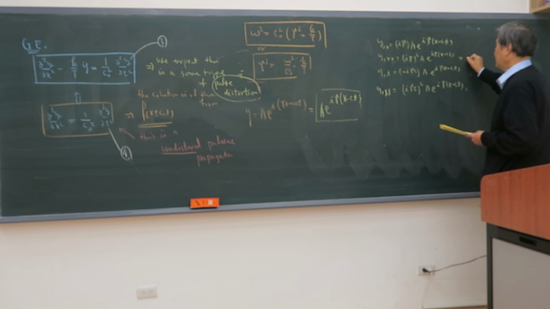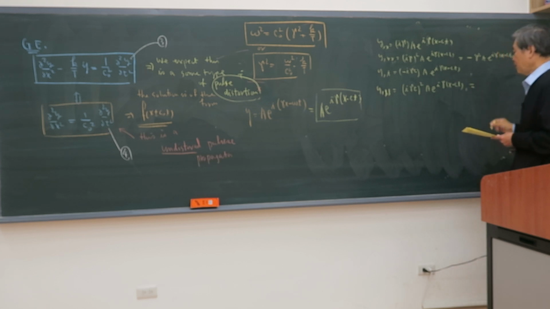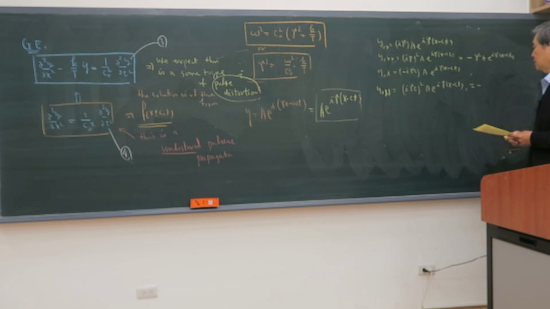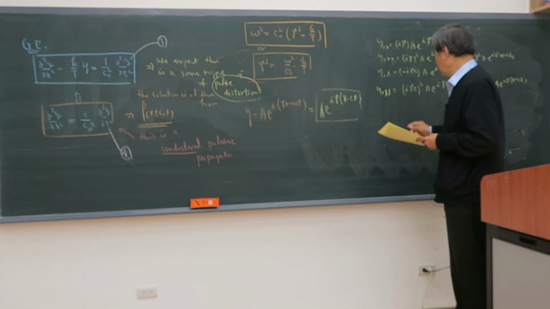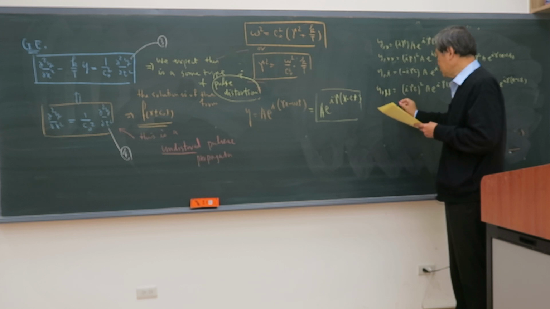So this will give minus γ² A e^{i(γx − ct)}, and this will give me minus γ²c² A e^{i(γx − ct)}. Both have a minus here. So put the same thing, and here c is defined as ω over γ.